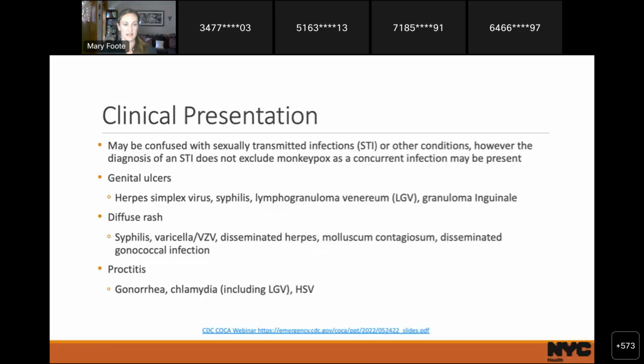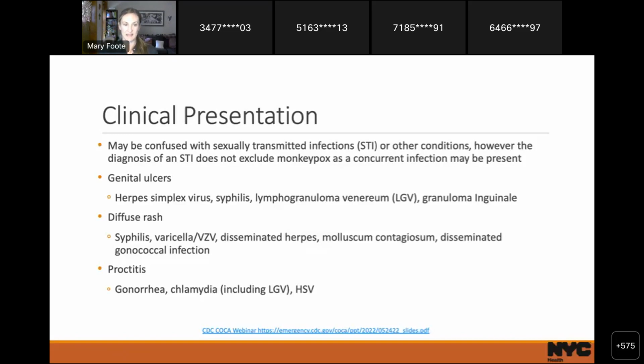So, of course, we are seeing genital ulcers, and that can usually be confused with HSV, syphilis, less frequently LGV or granuloma inguinale. And the diffuse full body rash can very easily be confused with syphilis, and that should also be tested for and treated as needed.